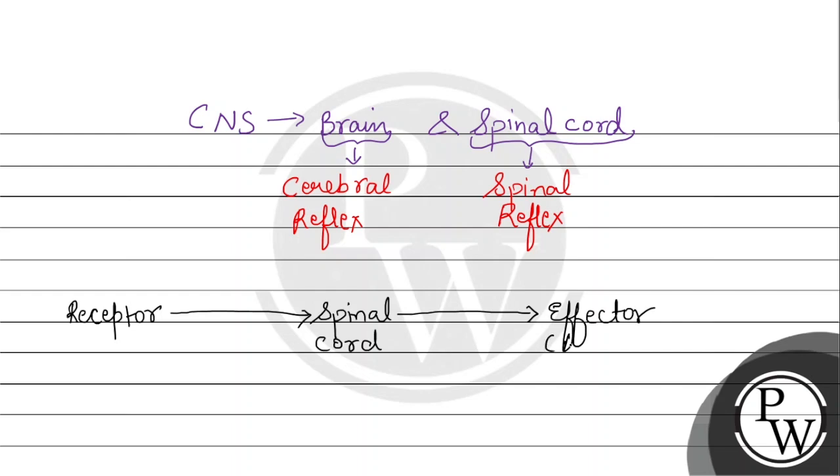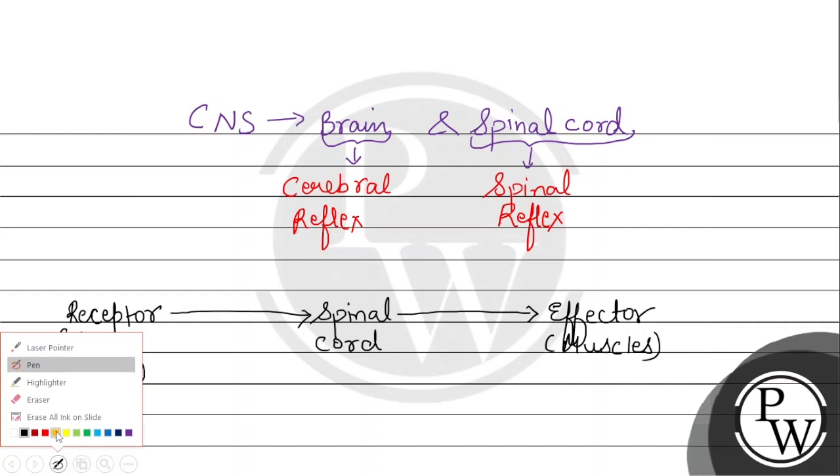Effectors are basically the muscles which get contracted, and receptors are generally the sense organs.